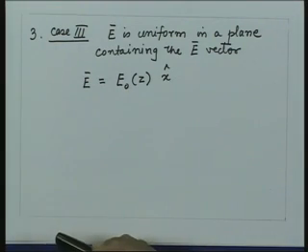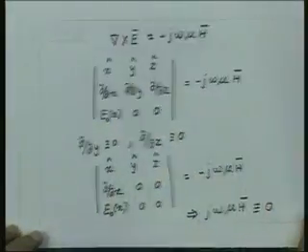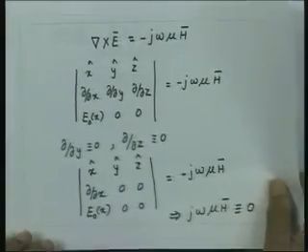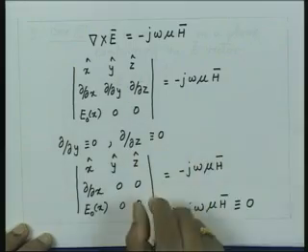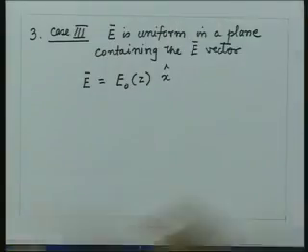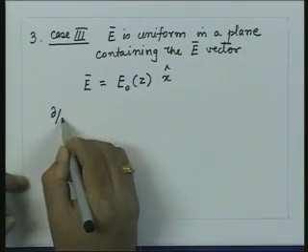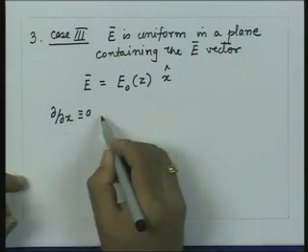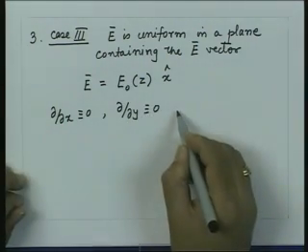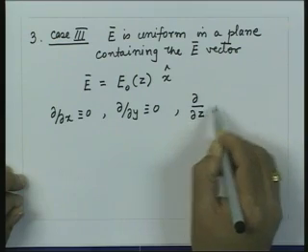Again we can do the same thing which we did in the previous case. We can go to the curl equation and substitute for the electric field as we did here. However, in this case, since E is a function of z, the derivative d by dz is not 0, but d by dx and d by dy are 0.